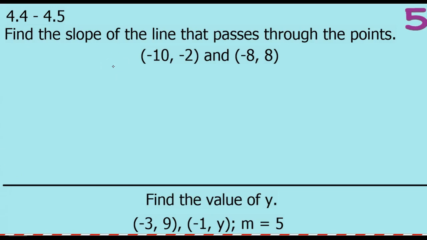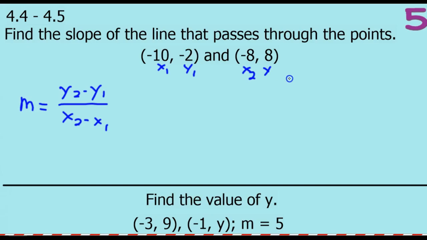Alright, now this one says find the slope of the line that passes through the points. Now we need our equation. M equals y2 minus y1 over x2 minus x1. So we have an x and a y, and x and y. First x we have is x1, second x would be x2. First y is y1, second y is y2.